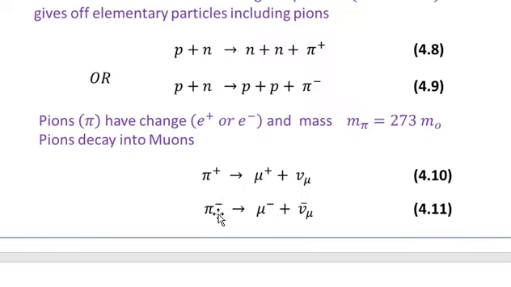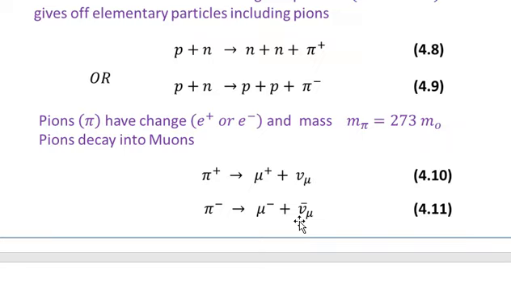The second is that the negative pion will decay into negative muon as shown in equation number 11, and also with an emission of a particle which is anti-mu neutrino. So this is the anti-neutrino, and the mu symbol corresponds to that emitted in the process of production of negative mu particles.